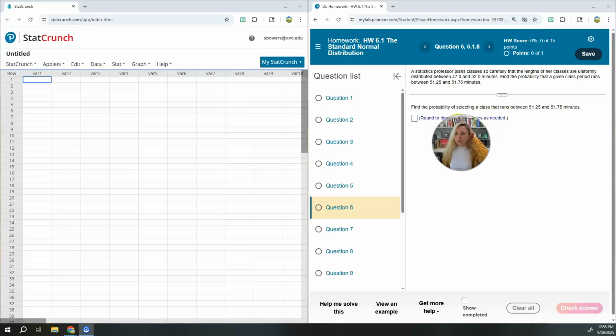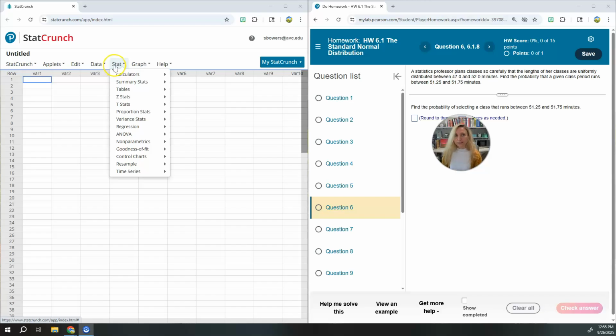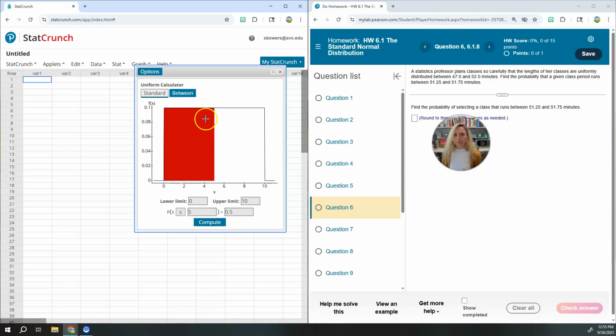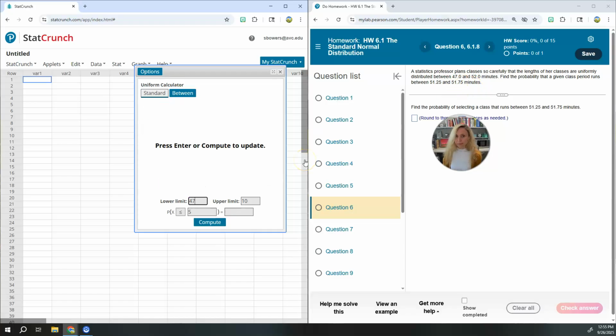Let's use StatCrunch. All calculators can be found under Stat, Calculators. This particular calculator is for uniform distribution, so we'll go to Uniform. Then we need to specify the lower limit and upper limit, and we're given 47 minutes and 52 minutes.